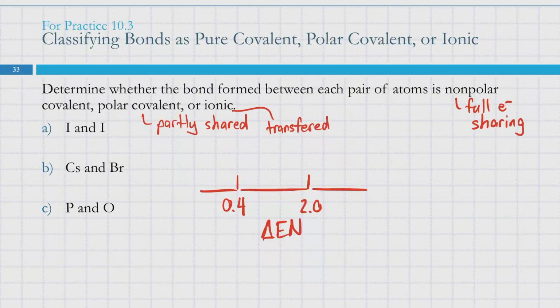Which of these three pairs is going to completely share the electrons? It is iodine. The reason is they have the same electronegativity value, it's the exact same thing, right?